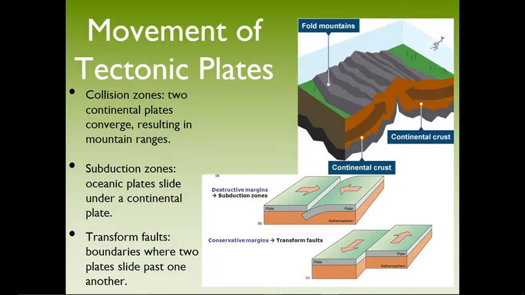And finally, a transform fault is where two plates slide past each other. You can take a second to pause this video to look at these pictures, which I recommend because they are very helpful in remembering them.